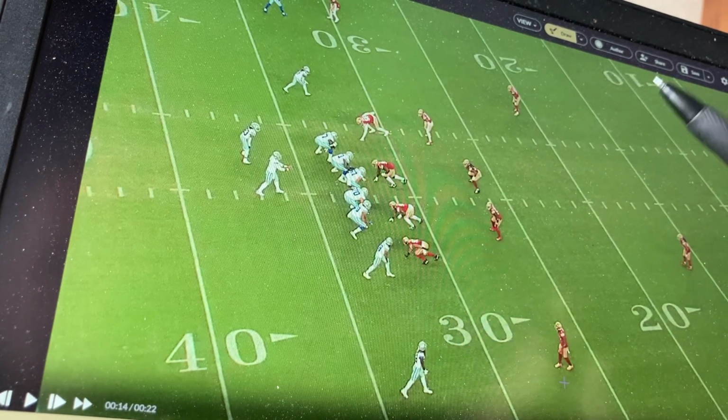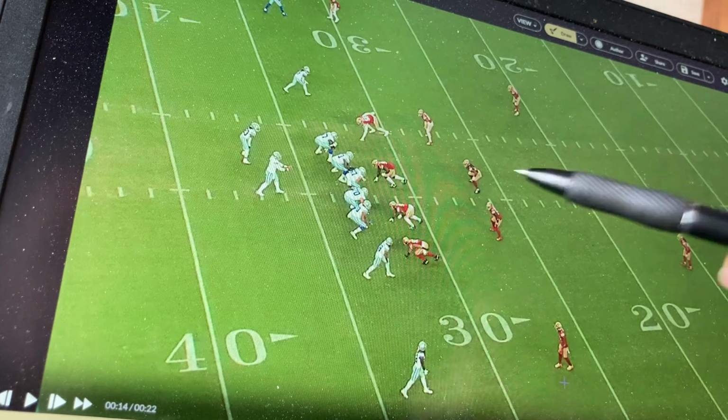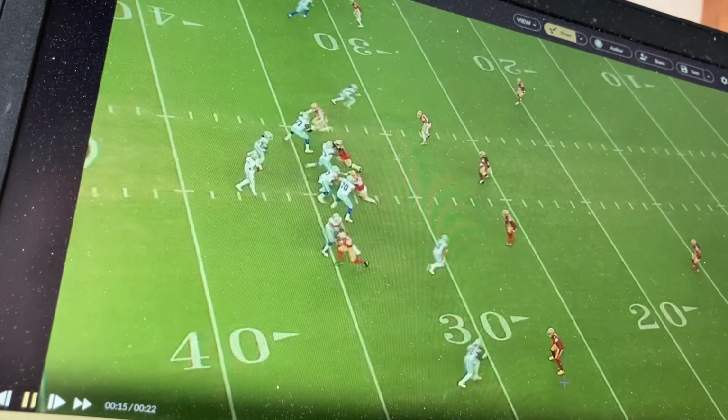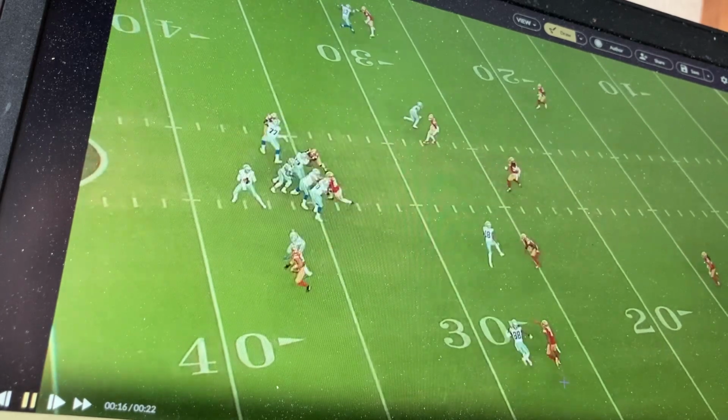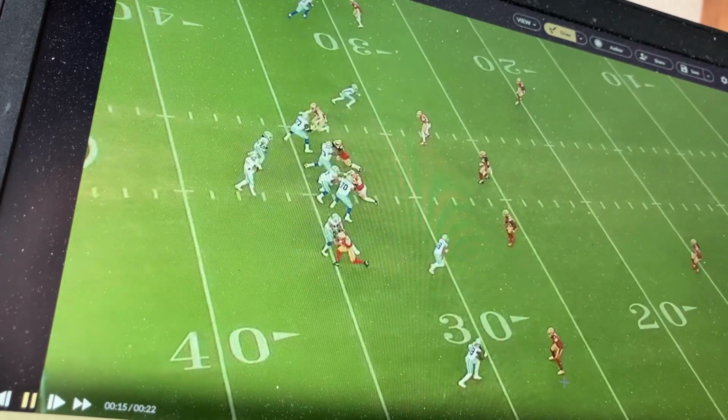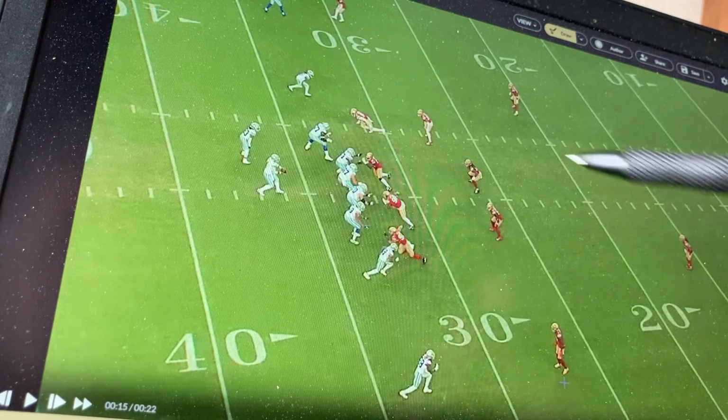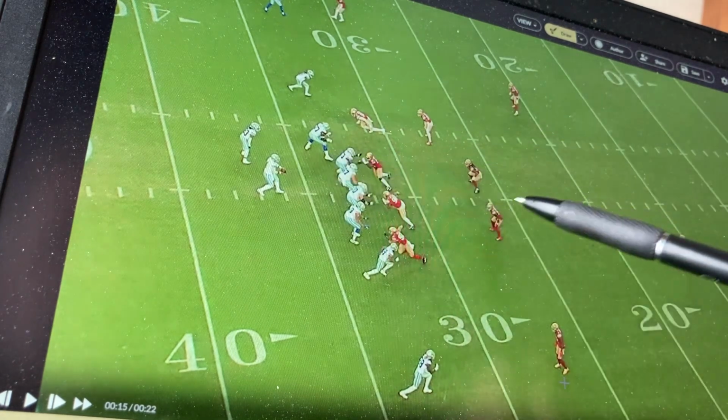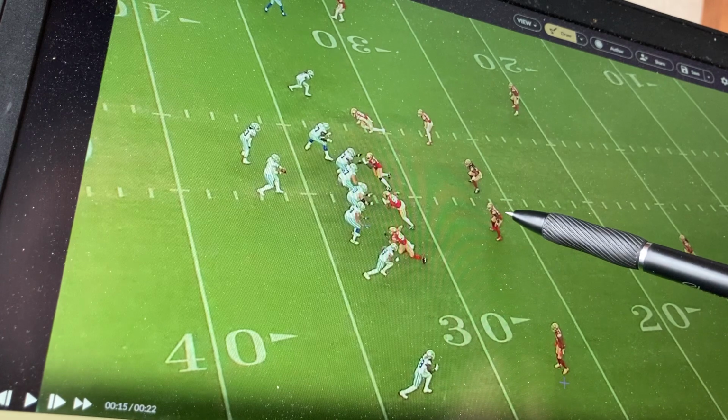But here's where details become so important. As you watch this play, what I want you to notice is that both receivers run their routes at the same depth, okay? So the hardest thing for a quarterback is what we're trying to do, see movement.